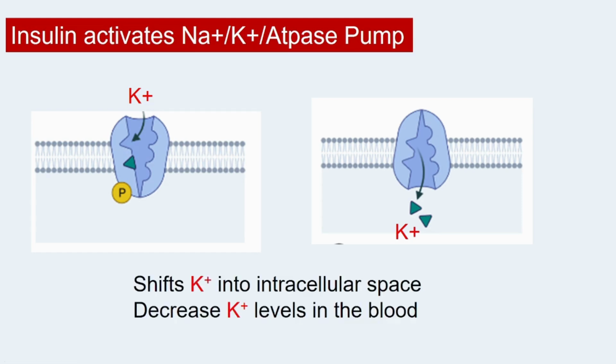As a result, potassium shifts into the intracellular spaces, and therefore the blood level of potassium decreases with insulin activation. That decrease in blood potassium level is referred to as hypokalemia. However, this is a function of insulin, its mechanism of action.